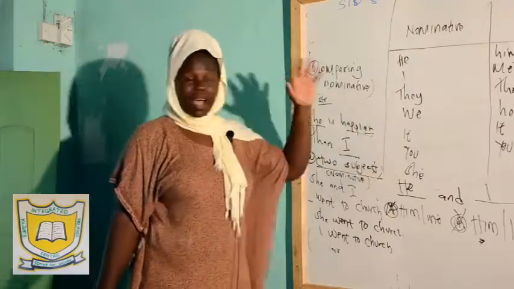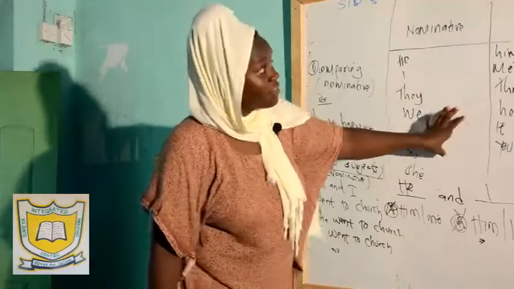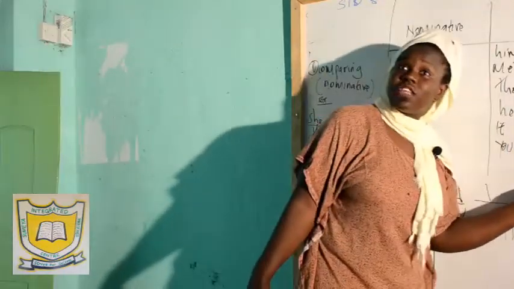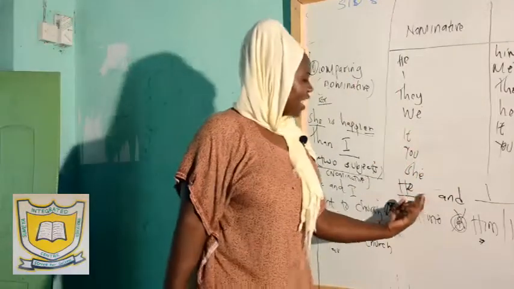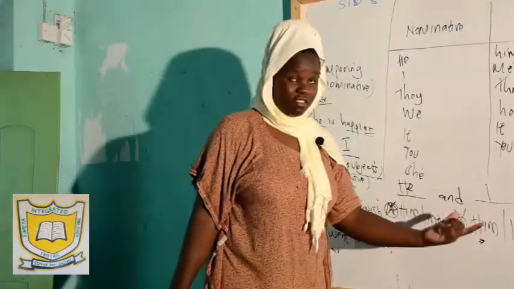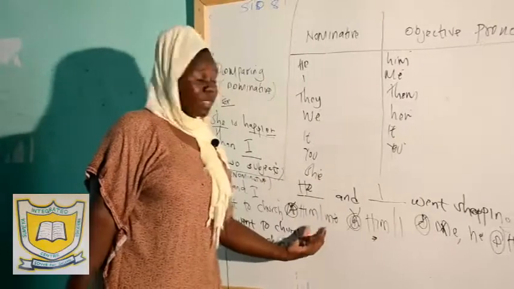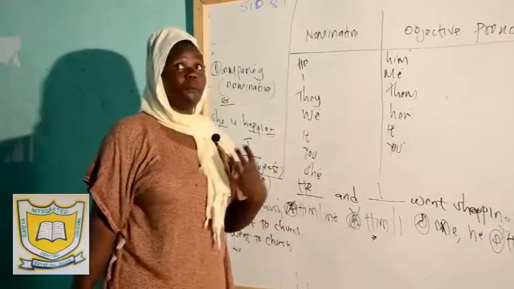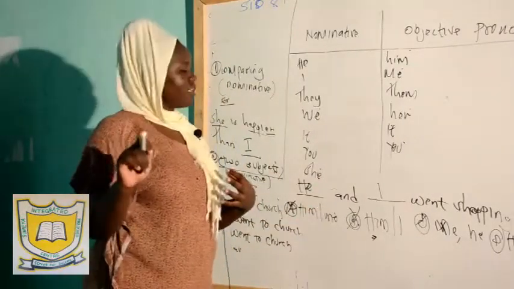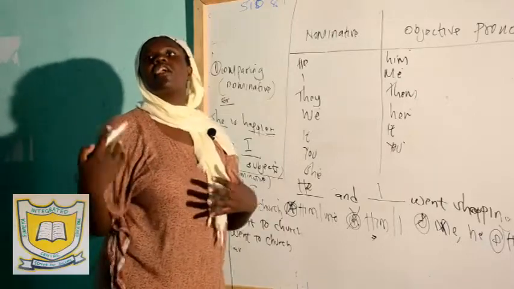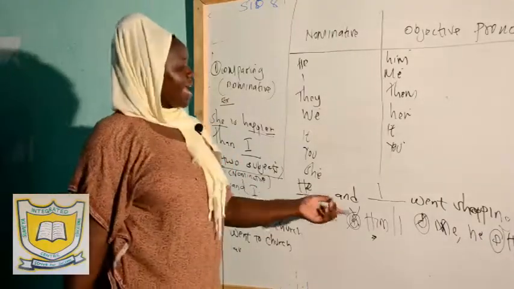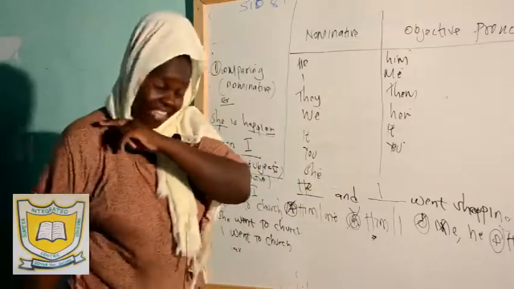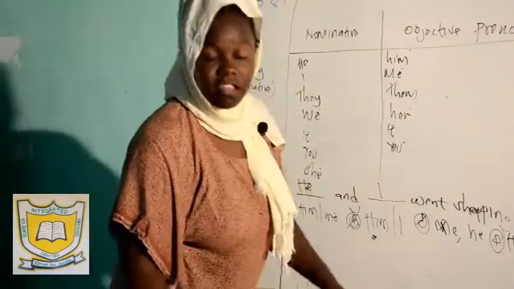That means you must know examples of nominative pronouns, and you must also know examples of objective pronouns. When you have been given a question like this, dash and dash went shopping, and the nominative pronouns are mixed with objective, what you have to do is construct sentences using each of the pronouns at a time. So, he and I went shopping. Two subjects in a sentence, always use a nominative pronoun.